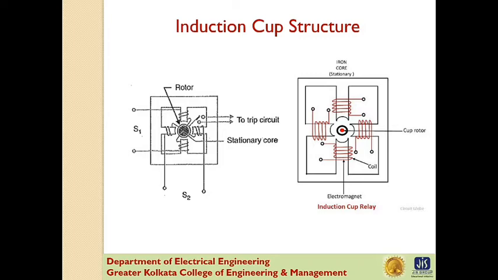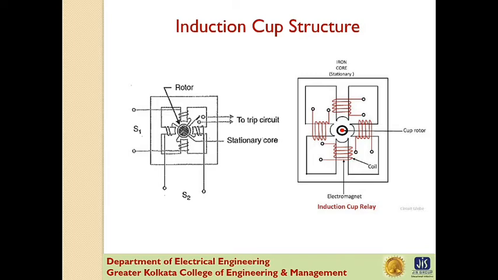The moving element is a hollow cylindrical rotor which turns on its axis. The rotating field is produced by two pairs of coils wound on four poles, as you can see in this picture. The rotating field induces currents in the cup to provide the necessary driving torque.